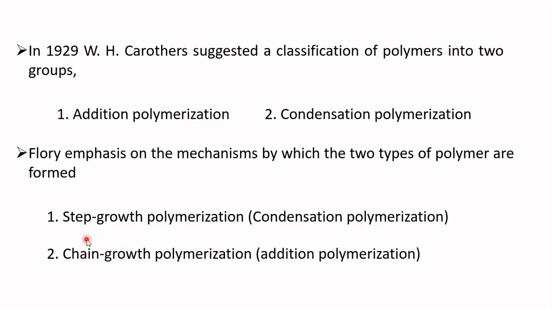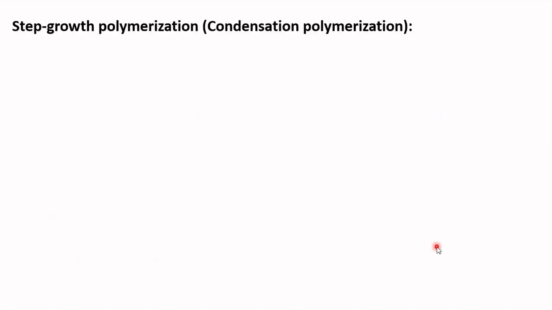So in this session, I am going to discuss step growth polymerization, the mechanism and kinetics of step growth polymerization or condensation polymerization. Let me consider step growth polymerization. The polymer buildup proceeds through a reaction between functional groups of monomers in a stepwise manner.